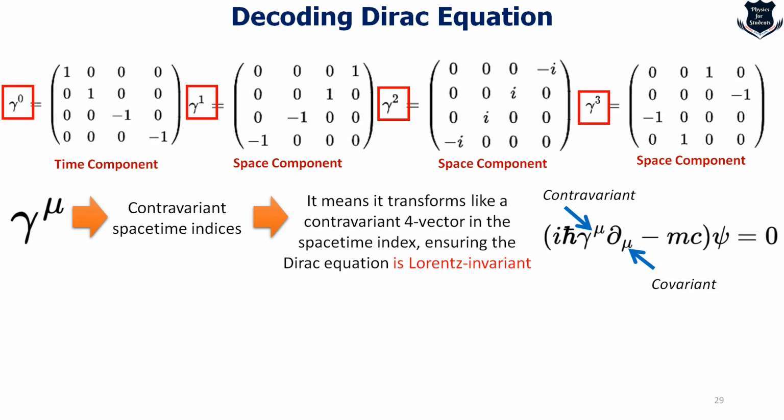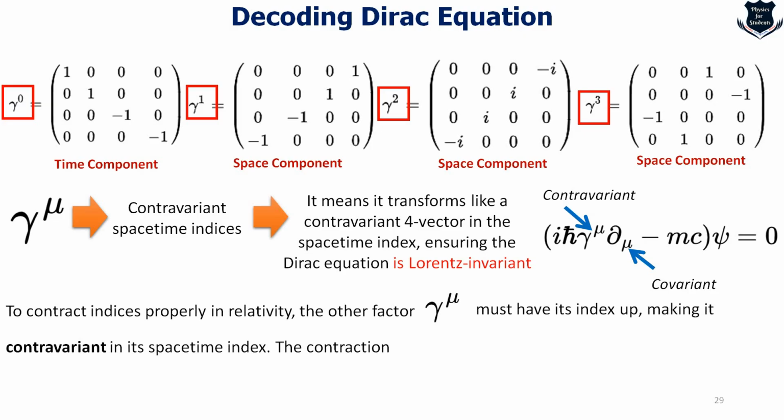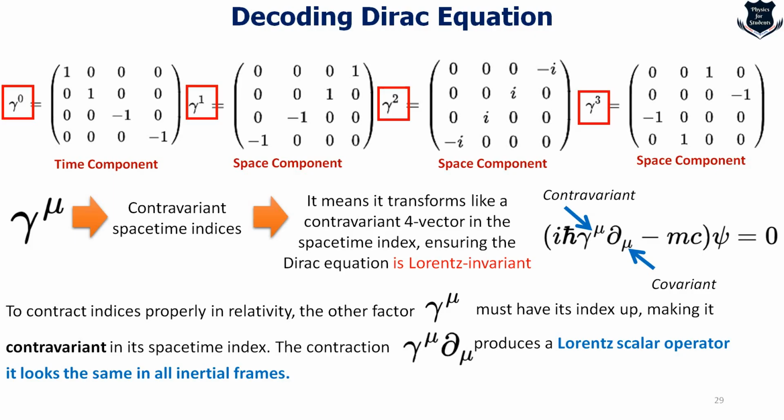This is the master stroke of Dirac and you will be astounded to find that. What it tells is that to contract indices properly in relativity, the other factor, gamma mu, must have an index up. That means it has also got an index down. So that is the del mu. I will come to that part. So together, when we contract using the Einstein summation convention, you get a Lorentz scalar operator.